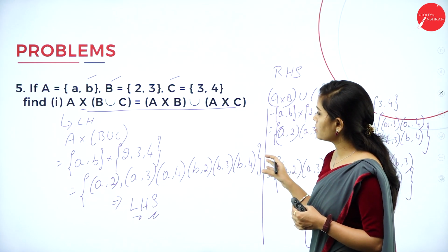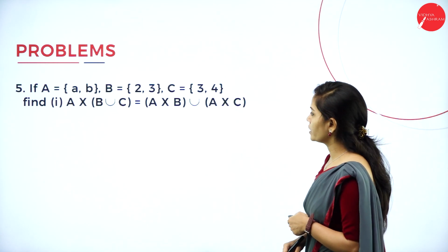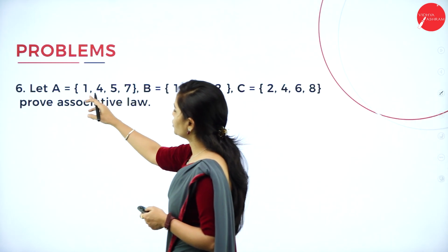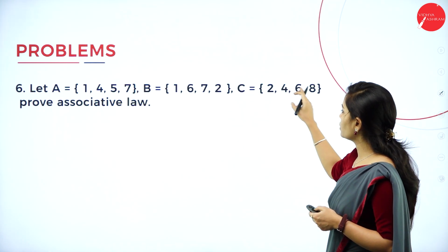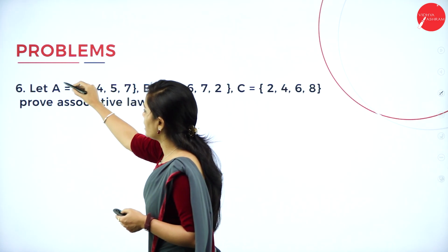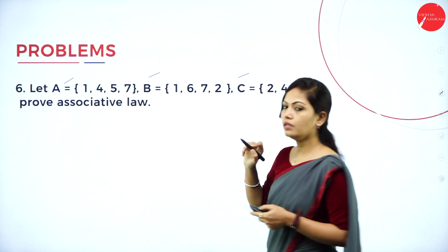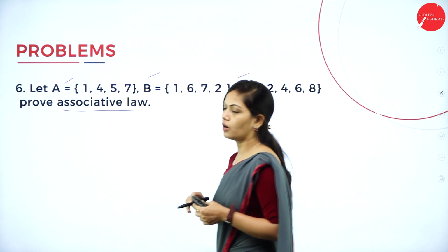So these types of questions you can expect in laws of set theory. And the next question is, let A equal {1, 4, 5, 7}, B equal {1, 6, 7, 2} and C equal {2, 4, 6, 8}. Here I have three sets A, B, C and you have to prove the associative law.